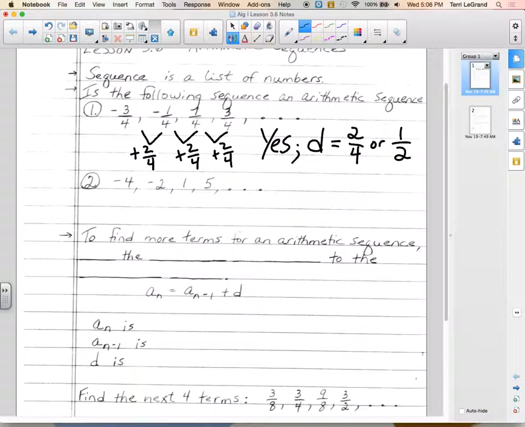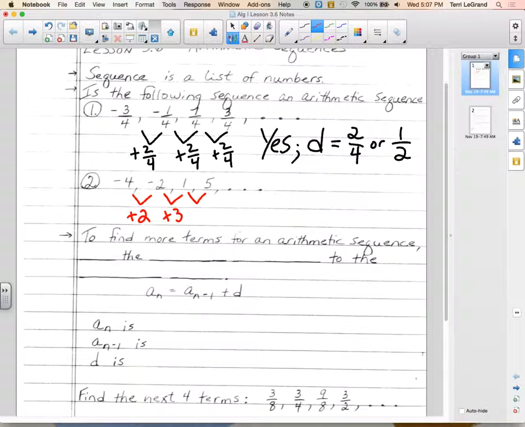Okay, moving on to the second one. Let's check to see if this one is an arithmetic sequence. To go from -4 to -2, we go up 2, plus 2. To go from -2 to 1, that goes up 3. We'll just finish here, even though it's already proven not to be.